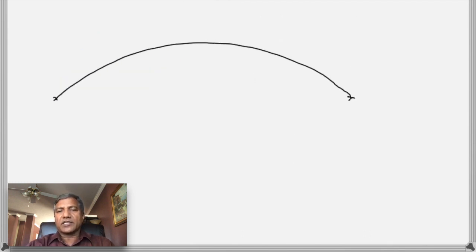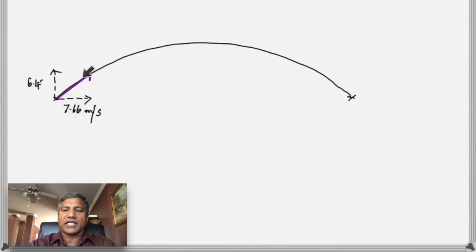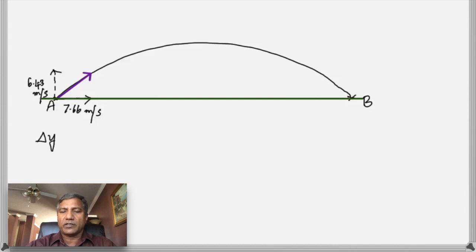So here is an actual object that is thrown, maybe a stone, with the same velocity as before, thrown at 10 meter per second. And we already found that these components are 7.66 and 6.43.